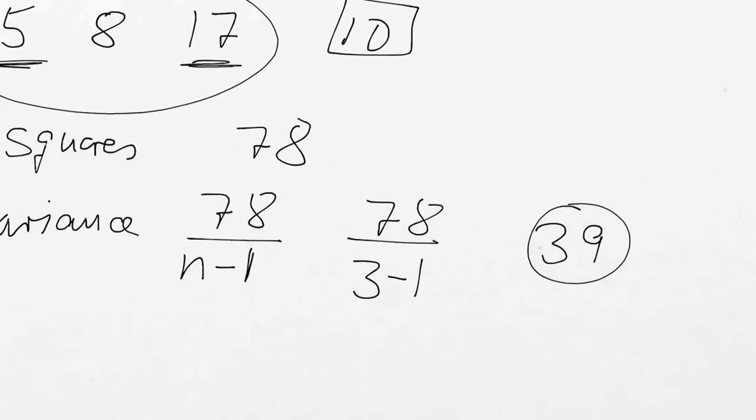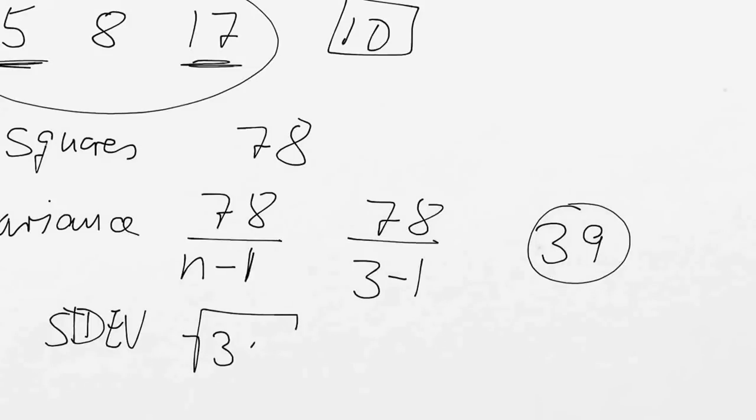And of course, I can do now the standard deviation. I abbreviate standard deviation in the way that, for example, the Excel spreadsheet program is using it. I do the square root of 39, and that gives me 6.24.